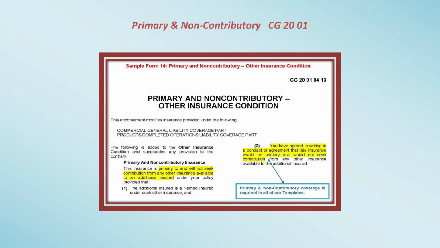The documentation is required in construction templates and any template involving our marinas or the airport. Many times what you'll get is an endorsement that kind of looks like this, which essentially says that the coverage for the additional insured is primary and non-contributory, and it will usually say if it's required in the contract. Well, it's required in all our contracts, so we don't have to worry.